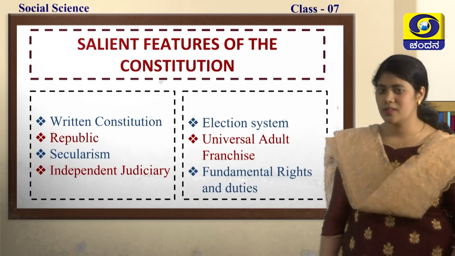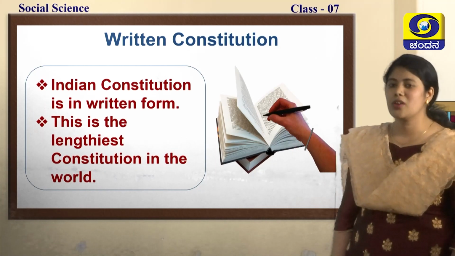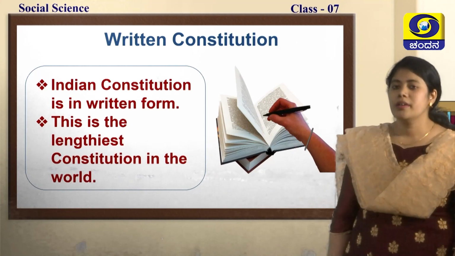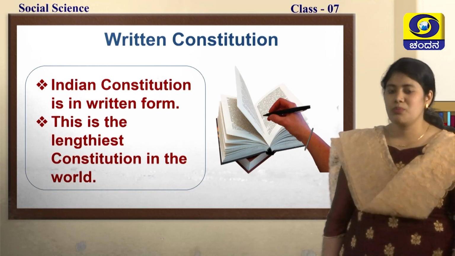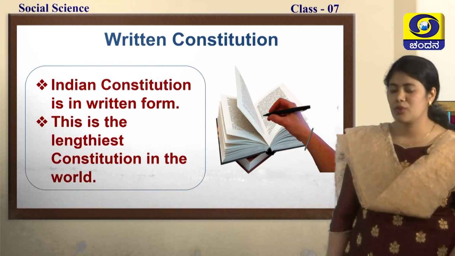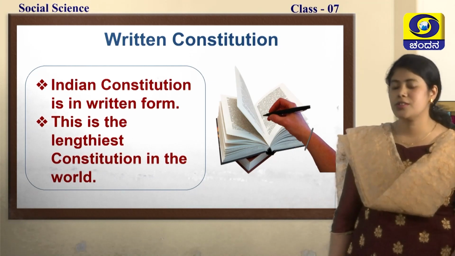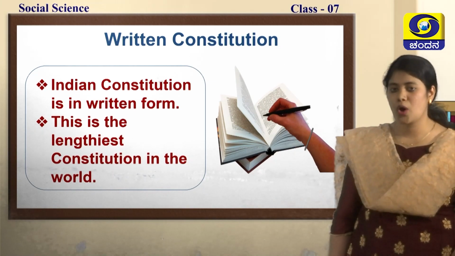Shall we move on? Yes. Okay. So, let us see what is this written constitution. Written constitution is nothing but, see, Indian constitution is in written form. There can be non-written forms also, okay. But our country's constitution is in written form, okay.